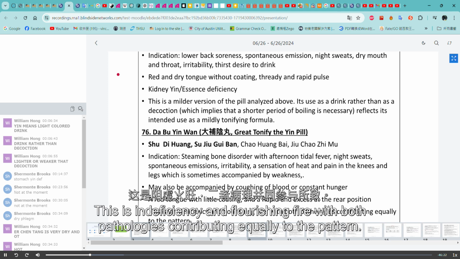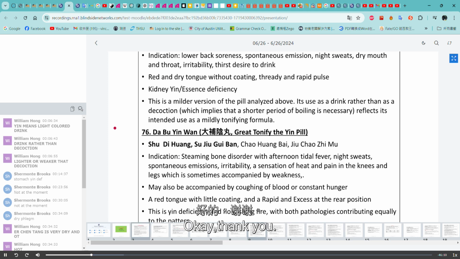This is yin deficiency and flourishing fire with both pathologies contributing equally to the pattern. Okay, thank you.